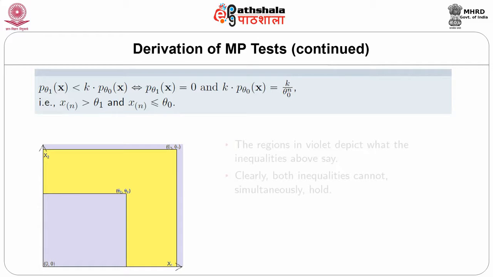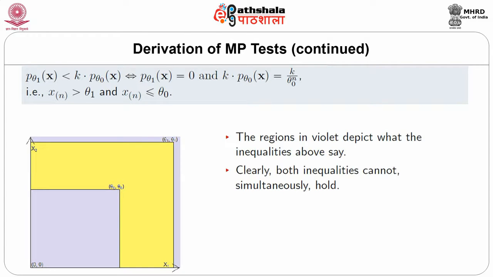This is equivalent to x order n greater than theta 1 and x order n less than or equal to theta naught, because you see that p theta 1 is 0 if x order n is greater than theta 1, and k p theta naught is k by theta naught to the power n when x order n is less than or equal to theta naught. So, these two should hold simultaneously.